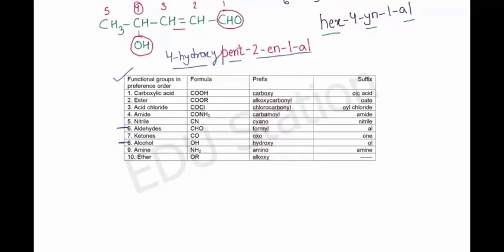When alcohol is not preferred, we are going to write hydroxy. When alcohol is preferred, we write ol. So same thing follows if you have multiple functional groups. Let's say next name has 4 groups. Out of those 4 groups, I will prefer one, and this table tells me my preference order.